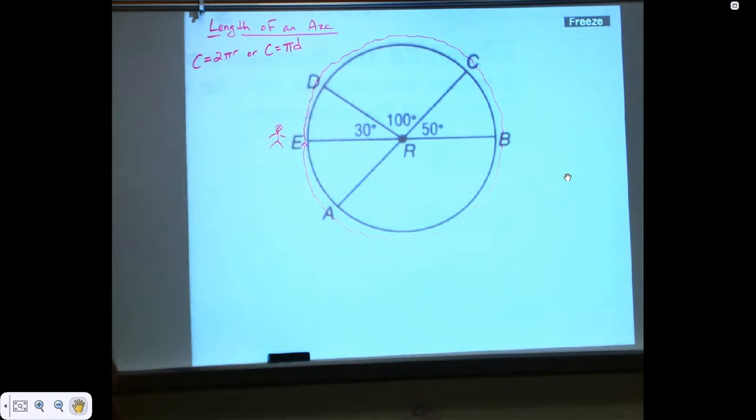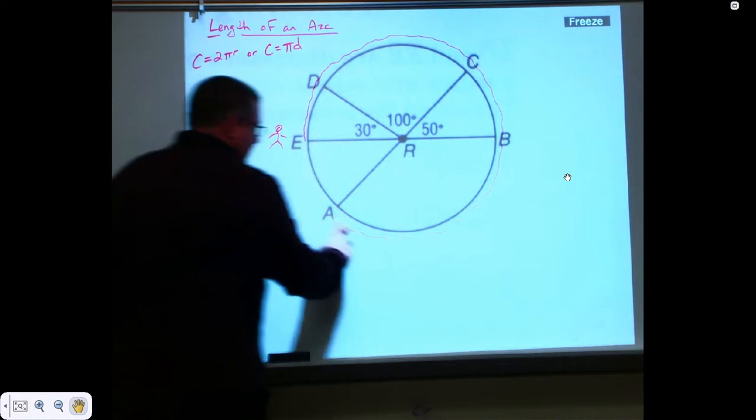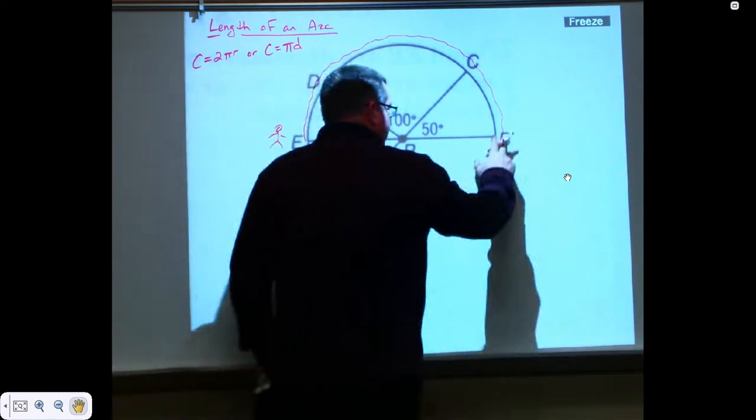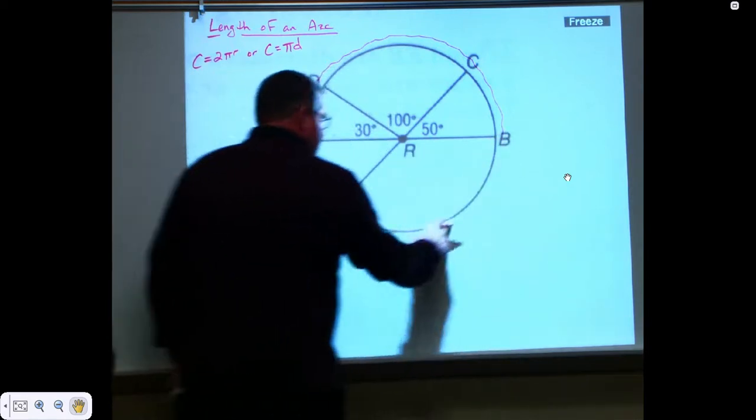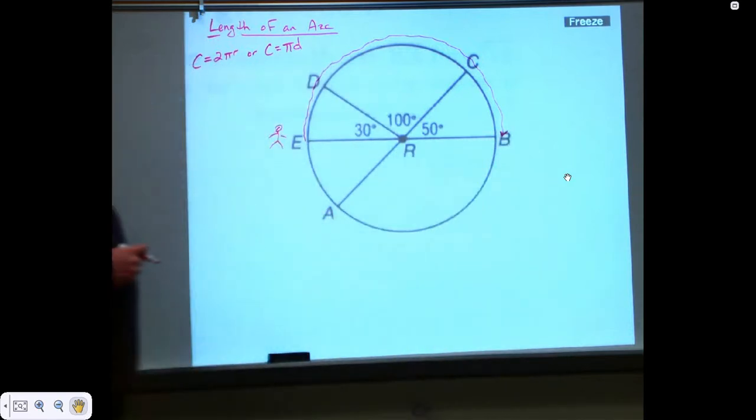Now, what if I walked just half that distance? How can I find that? I could basically find the circumference, then cut it in half, right? Divide by 2. Basically, 50% of it, correct?